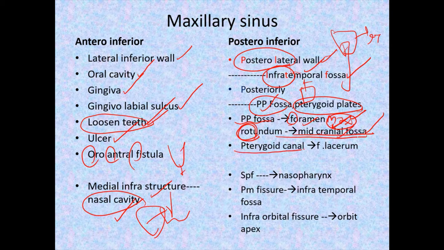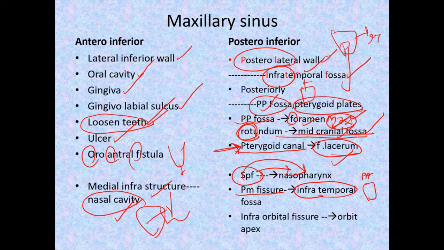Through the pterygoid canal, it can go to the foramen lacerum. Through the sphenopalatine foramen, it can reach the nasopharynx. Through the pterygomaxillary fissure, it can reach the infratemporal fossa. Behind the maxillary sinus there is the pterygopalatine fossa, as we have seen.